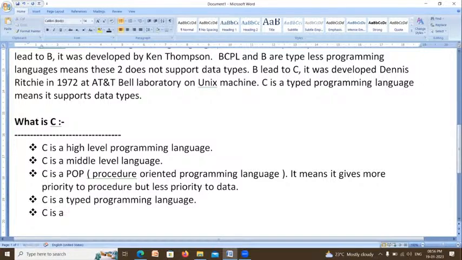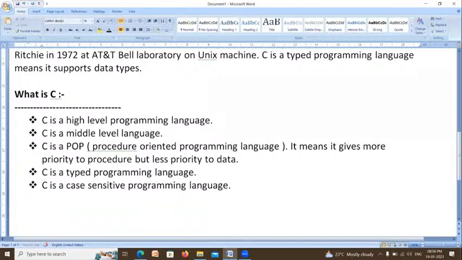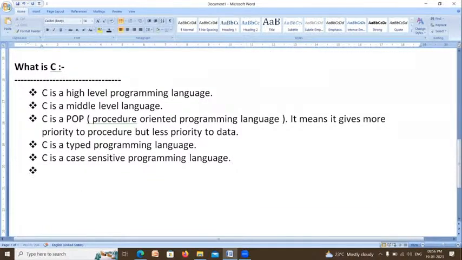C is a case sensitive programming language. What is the meaning of case sensitive? Suppose it is small a and capital A. Both are different.